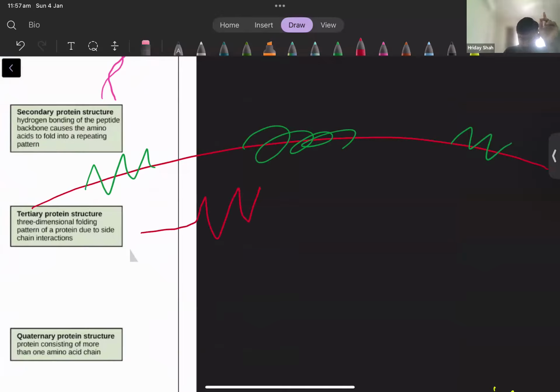It's going like this, and then it's swirling, and it might come back. But if you imagine you're tracing with a pen, you can trace the entire thing without lifting your pen off because it's one polypeptide chain. Yes, it will have multiple alpha helices and beta pleated sheets, but they're coming from the same polypeptide chain. Prosthetic groups do not apply to tertiary structure.